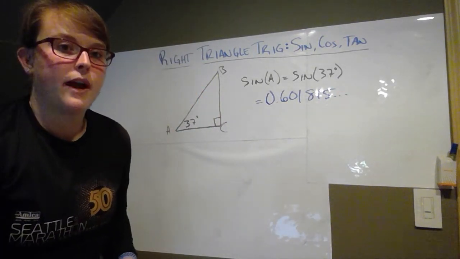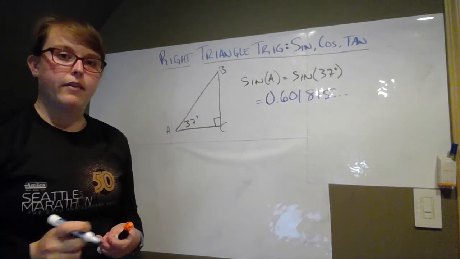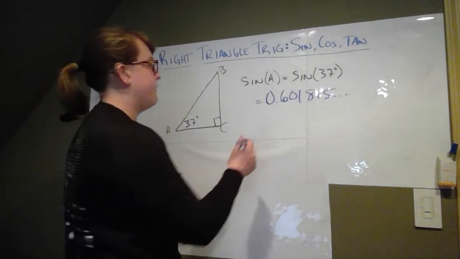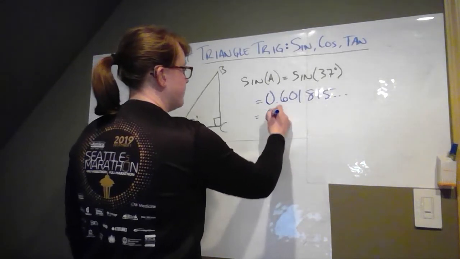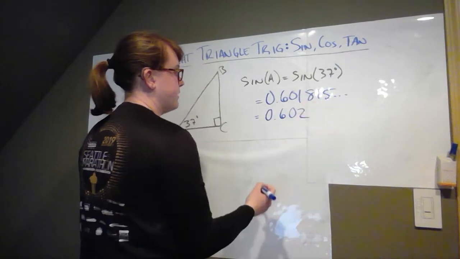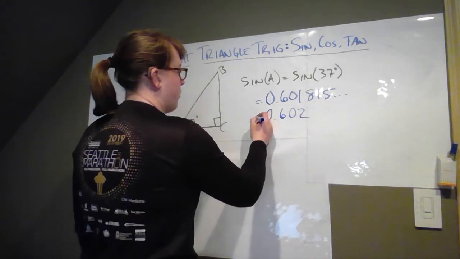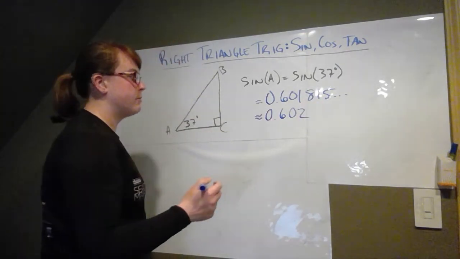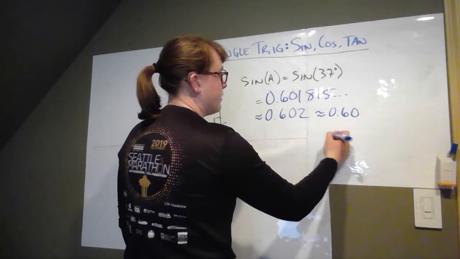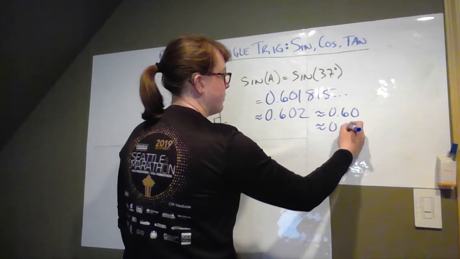So it depends on what you're asked to round to for what you'll put for your final answer. If you want to round to 3 decimal places, you would go 0.602, since the 8 rounds the one up to a 2. Or if you're asked to round to just 2 decimal places, that would be 0.60, or just 1 decimal place, 0.6.